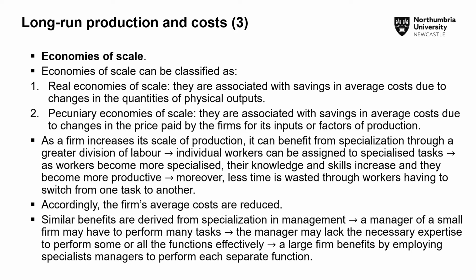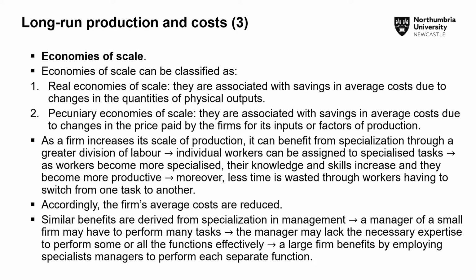So for example, as a firm increases its level of production, certain employees start specializing. As a firm grows, instead of a few employees doing everything, employees start specializing. As they specialize, they become more efficient, their skills increase, and the result is that they become more productive.